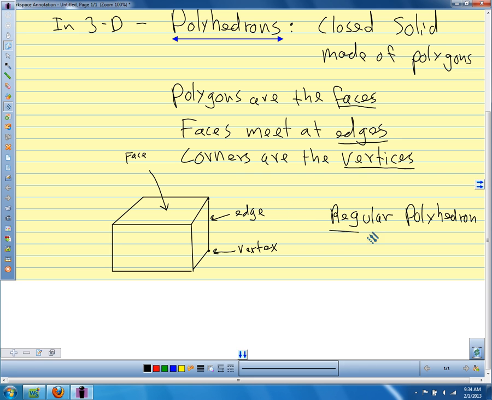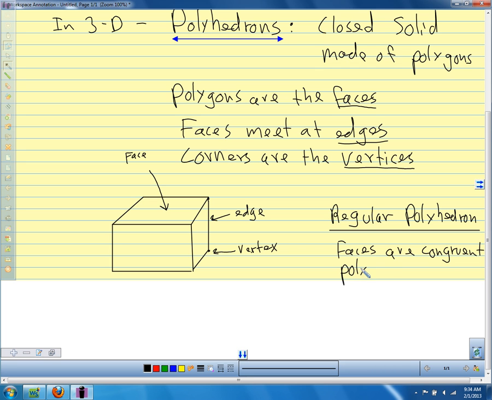But we can simplify that and say that for a regular polyhedron, the faces are congruent polygons, and the same number of faces meet at each vertex.